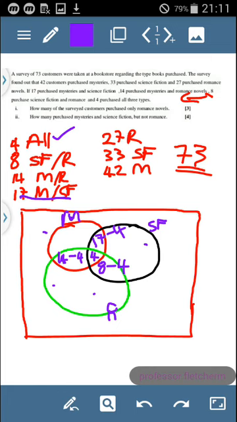So from there onwards, how many? We have 27 in total which bought romance books. So romance, 27 here. But from this 27 again, we are going to be subtracting this and that and that.